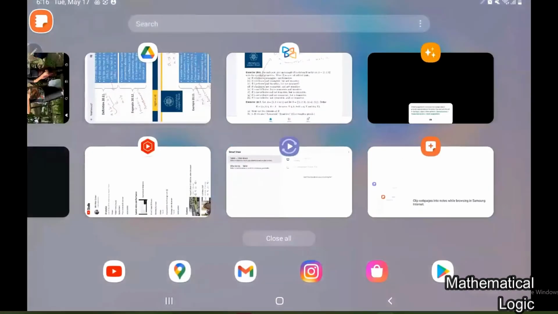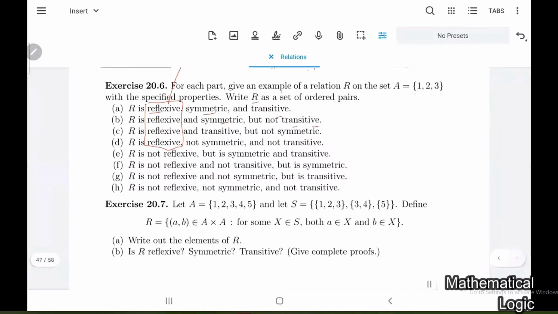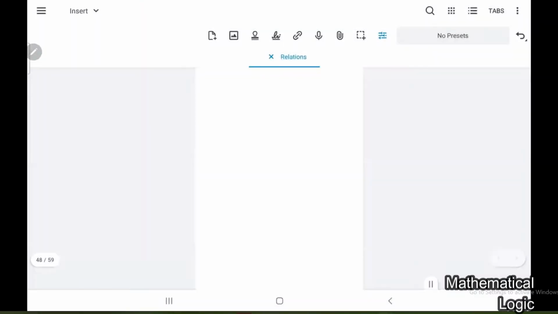I don't know why. What's wrong? Okay, so we continue again. I think it is better to make it on a new page.